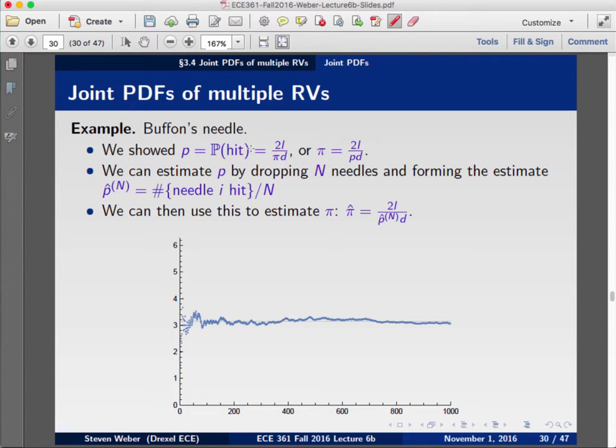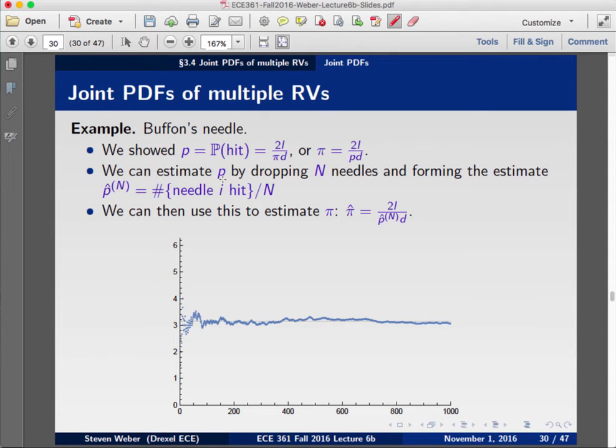And I could solve this equation for pi, and I would have 2L over p d. One possible reason for doing that is that I can estimate what p is, by simply dropping a lot of needles and looking at the fraction that hit the floor. That's what this bullet here says.